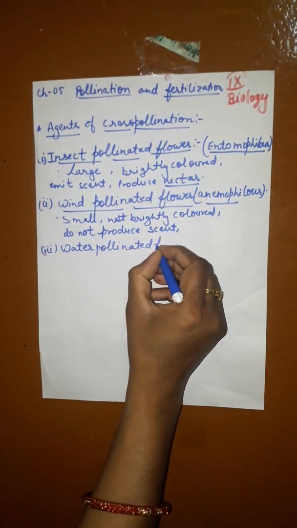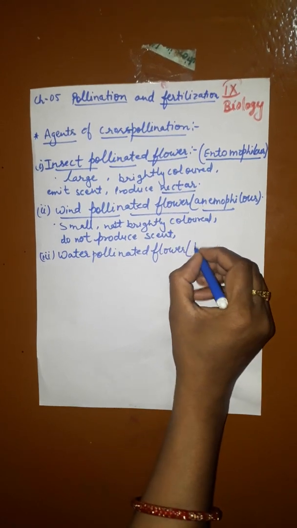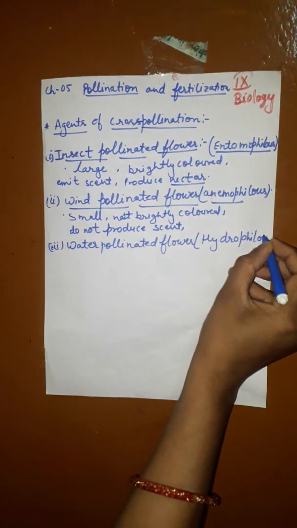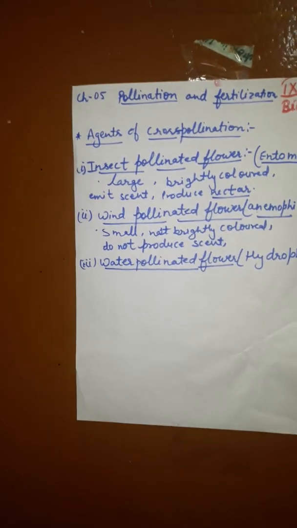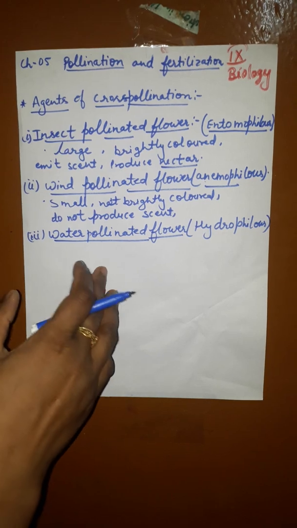Water pollinated flower is also called hydrophilous. Water pollination is called hydrophily and the flower is called a hydrophilous flower. Pollen grains are produced in large numbers.